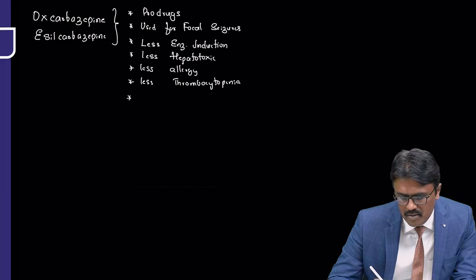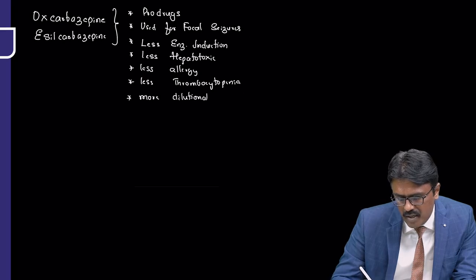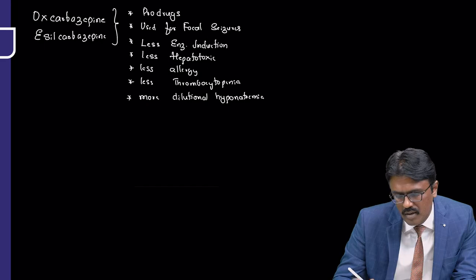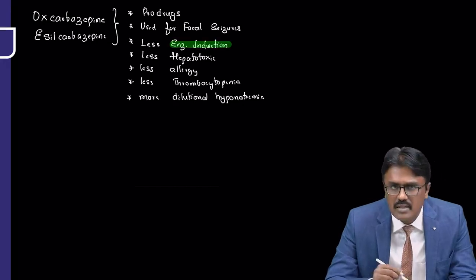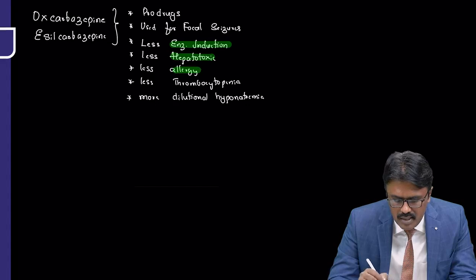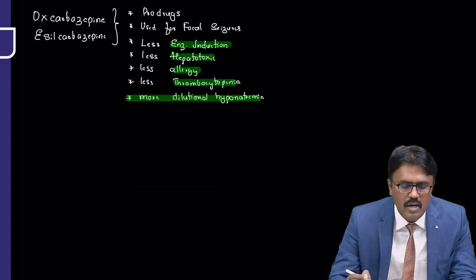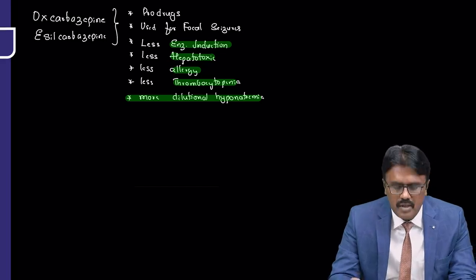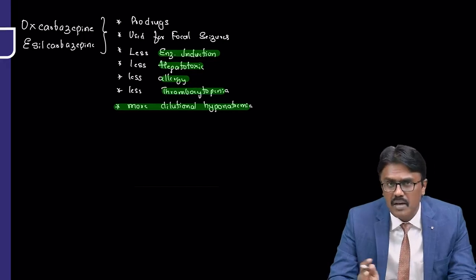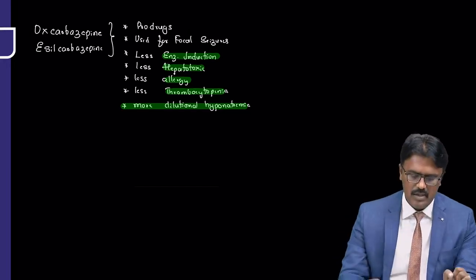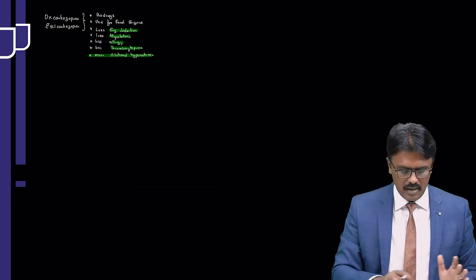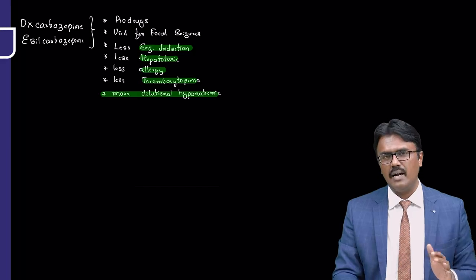But one problem is more: dilutional hyponatremia. So they can ask in the exam what is the difference between the two. Enzyme induction is lesser, so drug interactions are also less. Hepatotoxicity is less, allergic reaction, thrombocytopenia, but what is more is only dilutional hyponatremia. Apart from that, they are better compared to carbamazepine because of these pharmacokinetic advantages. So that is about the drug carbamazepine and related drugs oxcarbazepine and acylcarbazepine.